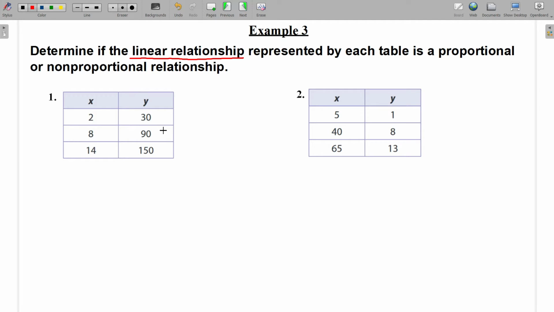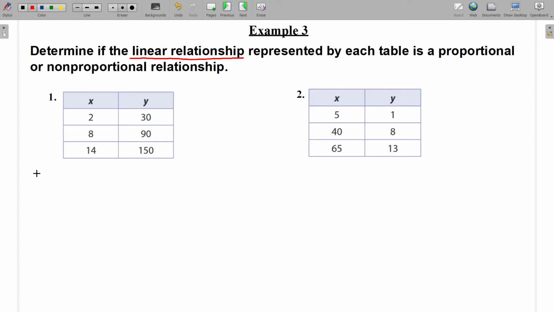What we are going to look for is whether these linear relationships are proportional or non-proportional. And the way that we determine that, after we've already determined if it is linear or nonlinear, is that we're going to compare the y to x values.